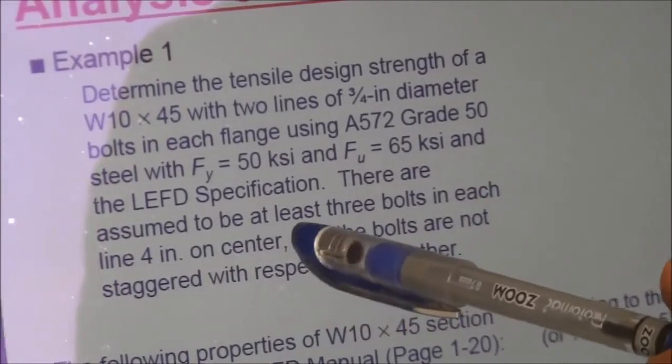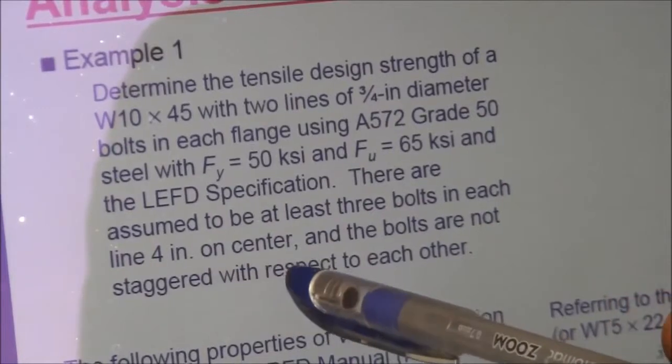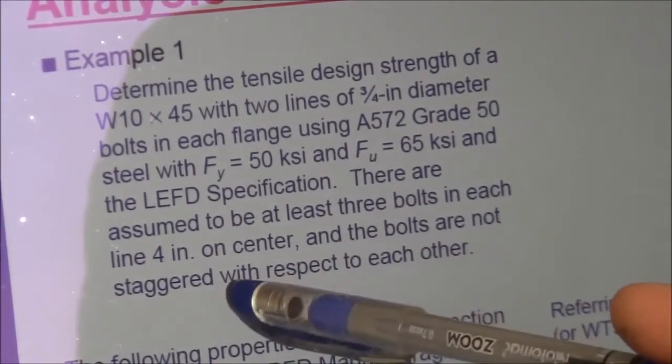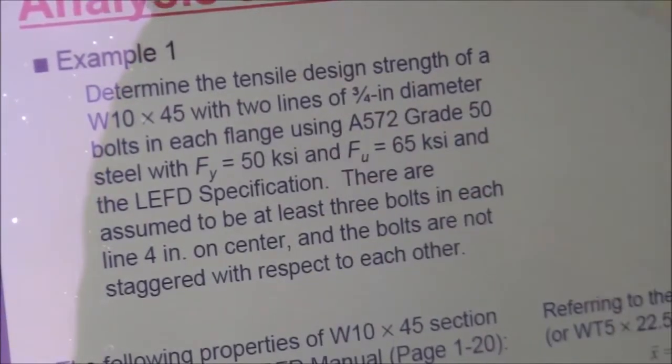There are assumed to be at least 3 bolts in each line on center, and the bolts are not staggered with respect to each other. In this case, there is a permissible value I showed you.